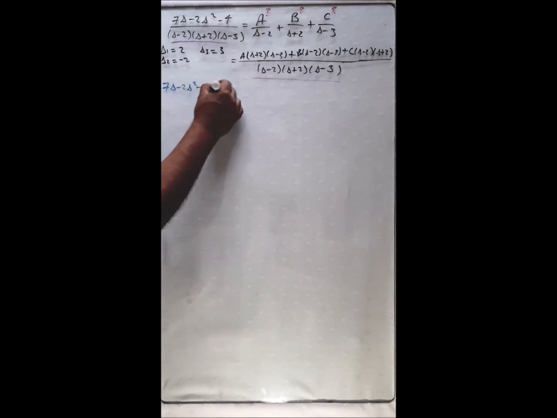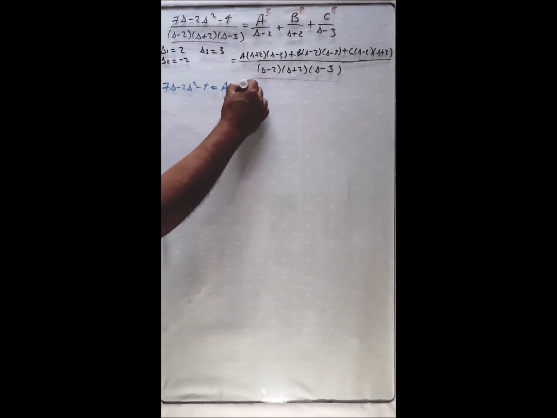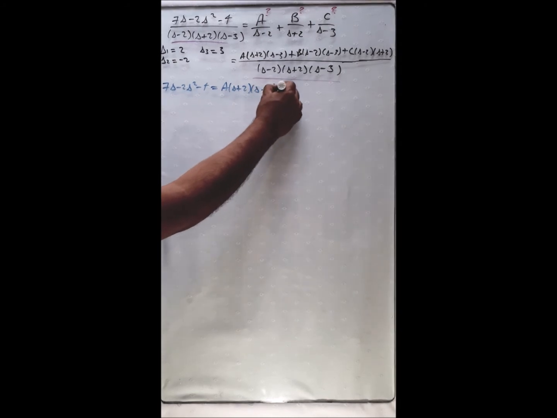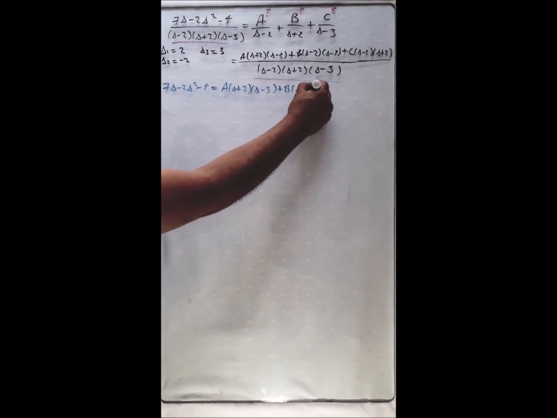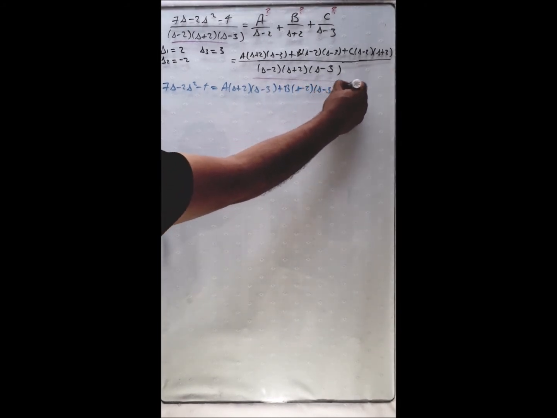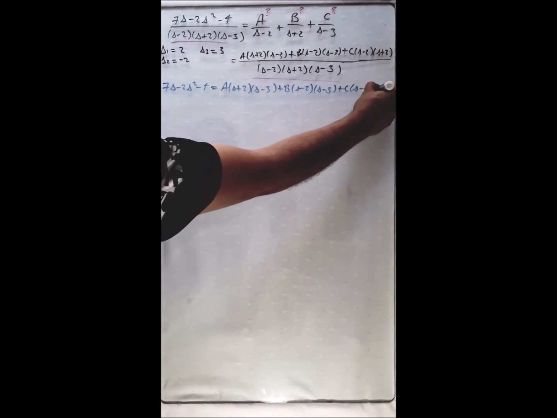The numerator is 7s minus 2s squared minus 4, equal to A(s plus 2)(s minus 3) plus B(s minus 2)(s minus 3) plus C(s minus 2)(s plus 2). Okay, so those are the numerators.